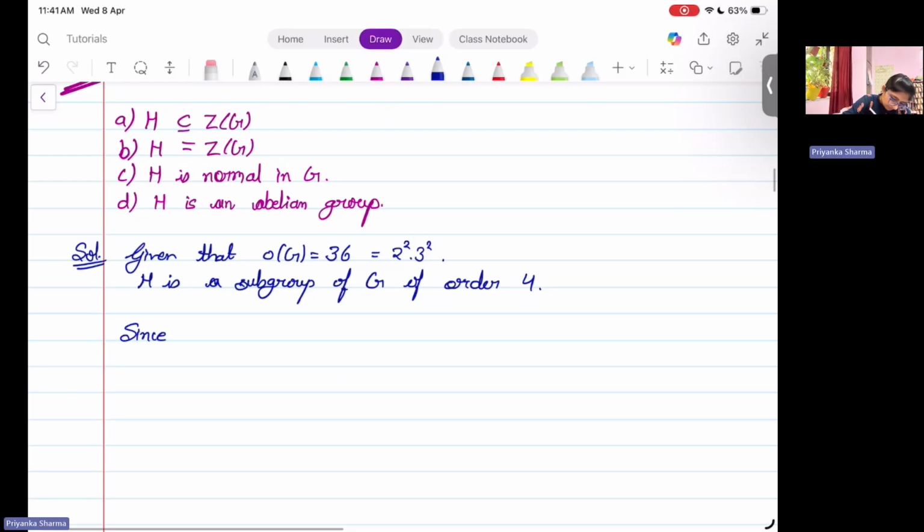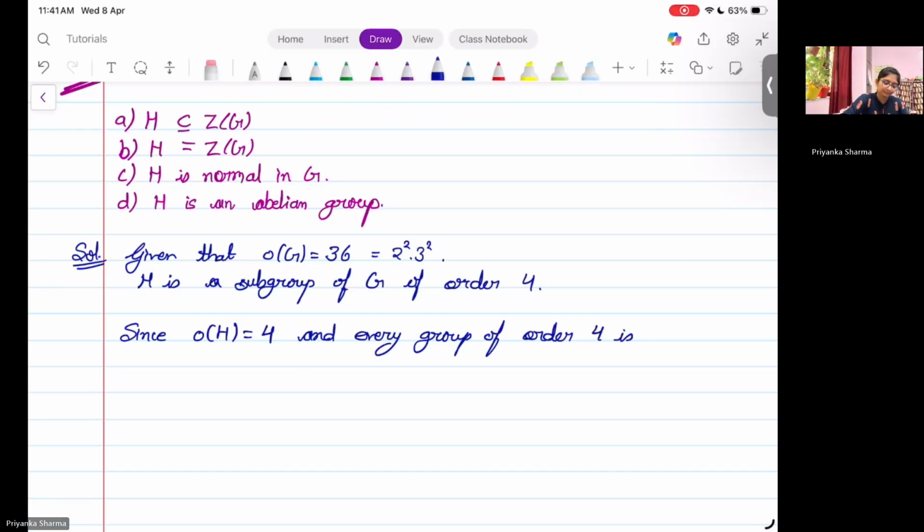First of all, since the order of H is 4, we know that every group of order 4 is abelian, because the least order which can be non-abelian is a group of order 6.